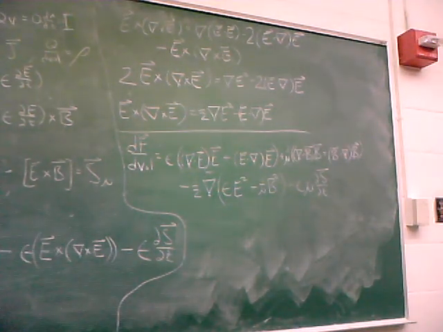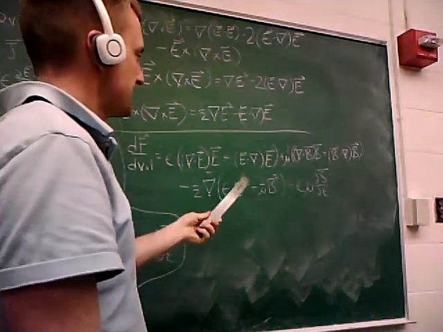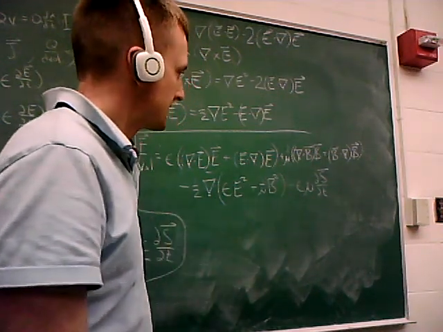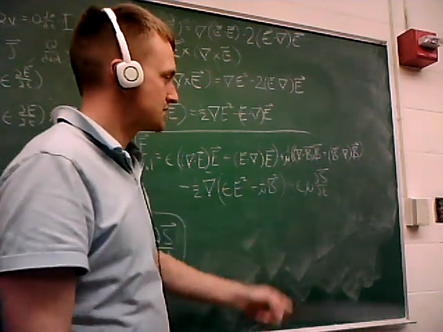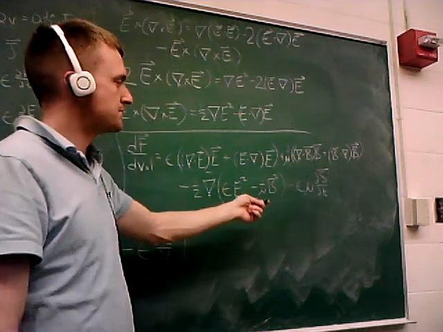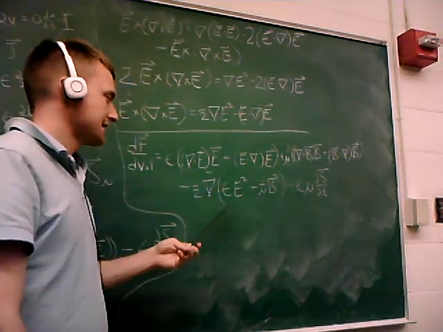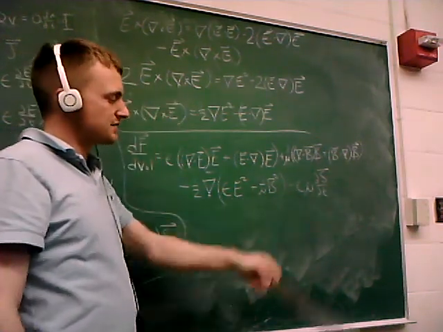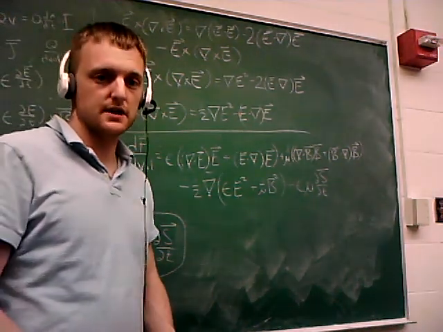So in the end, we have a force density equal to divergence of E times the E field plus the E dot del times the E field plus del dot B, which is 0, but I put it in there just for symmetry, plus B dot del B, minus 1/2 grad E squared plus B squared, minus the changing Poynting vector with respect to time. This is all in terms of E and B.